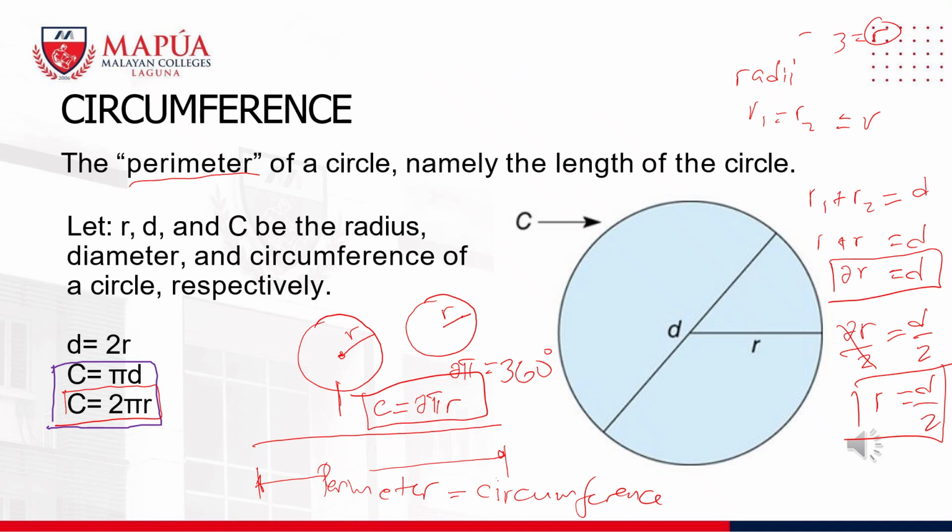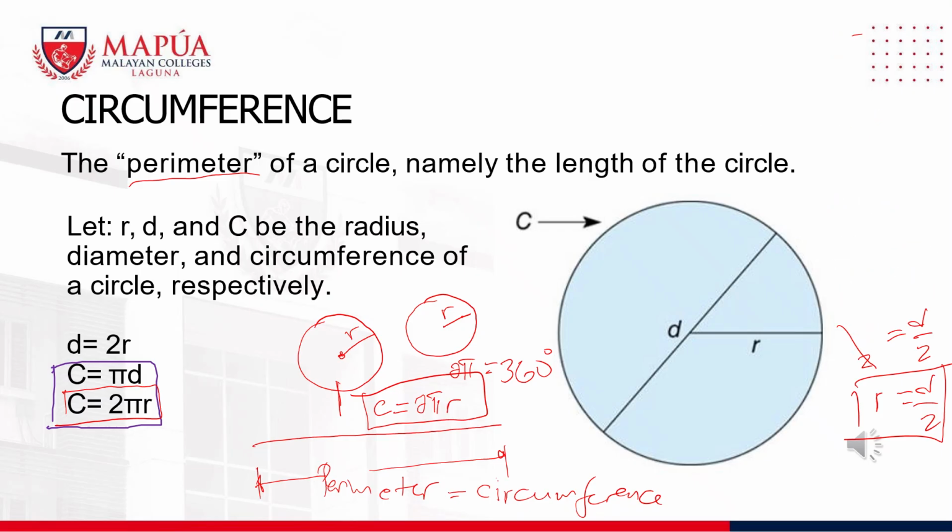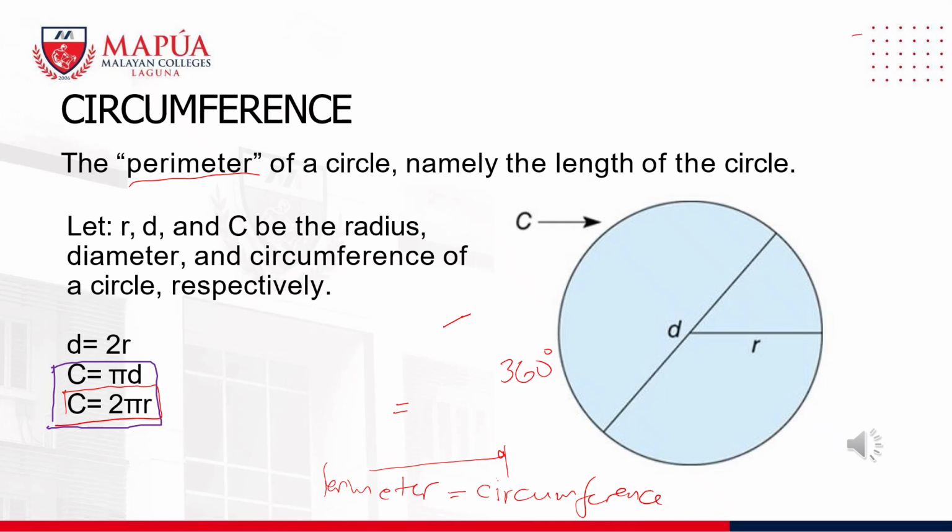So I will elaborate our discussion about circle. There are so many things that you need to know about circle. So far we have talked about diameter, radius, and circumference.